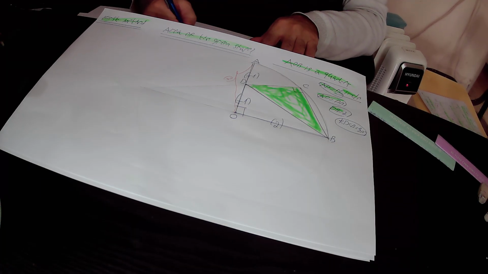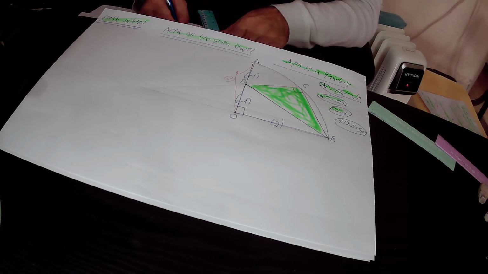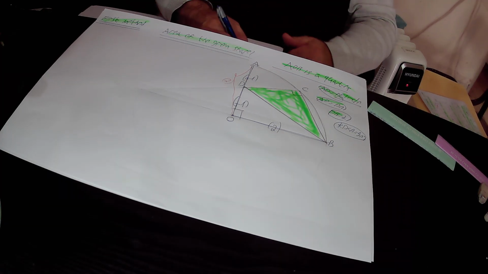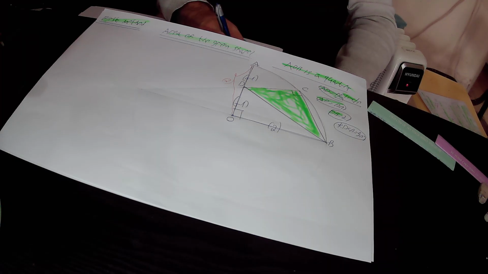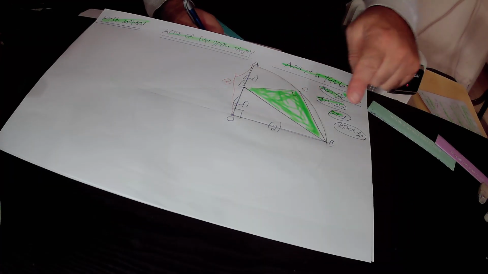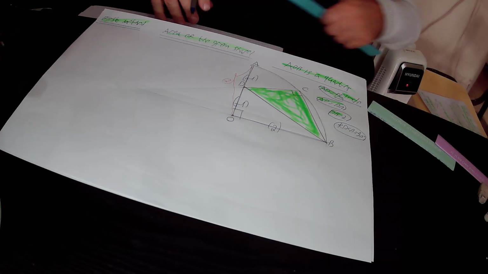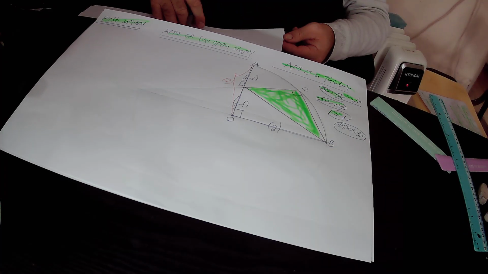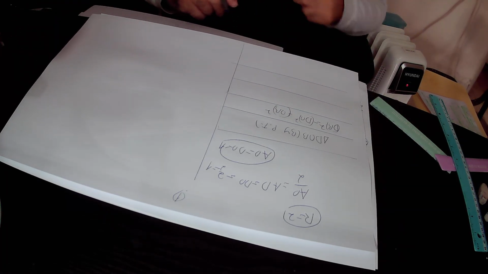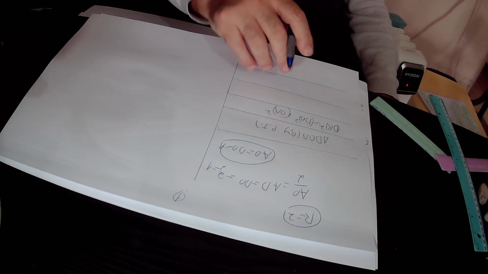According to the Pythagoras theorem, DB squared, that is the square of the hypotenuse, equals DO squared plus OB squared.